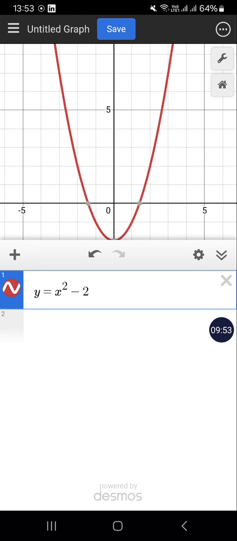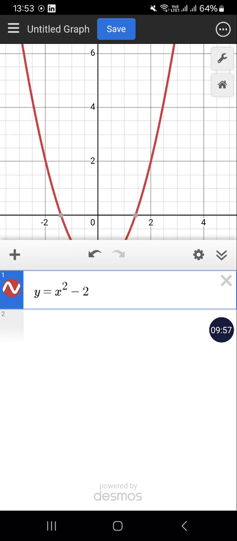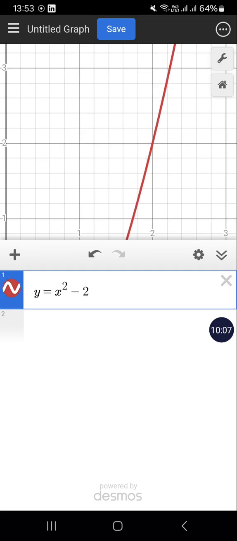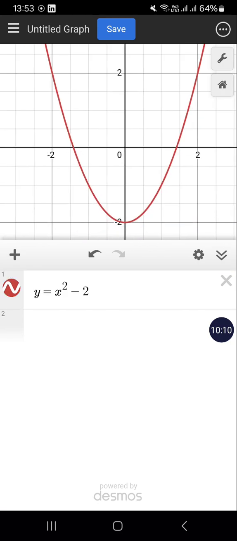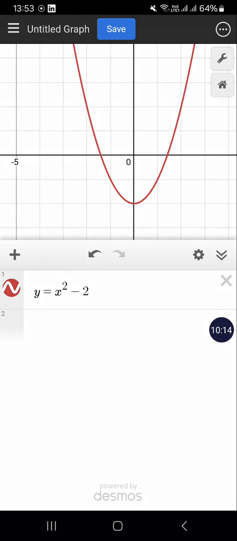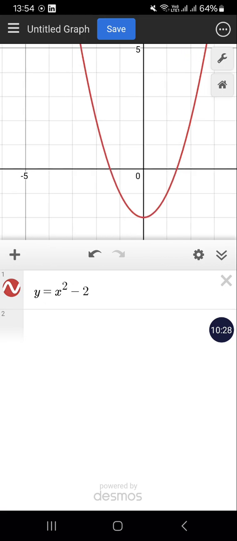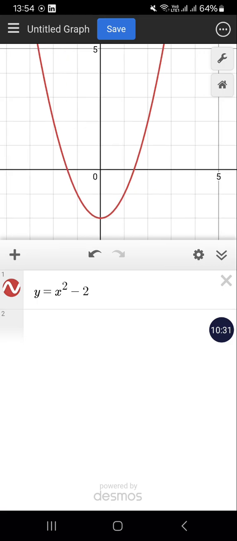We can see that whatever we give as an input, this is our x-axis, and whatever value we put as x, it generates the same value on both the positive side of the x-axis and the negative side of the x-axis.